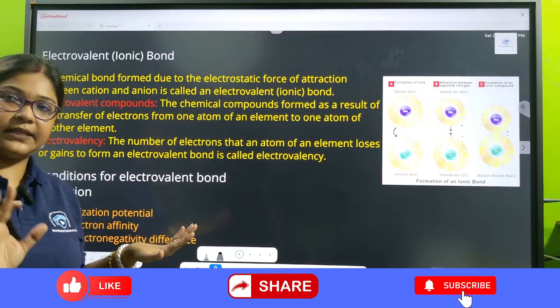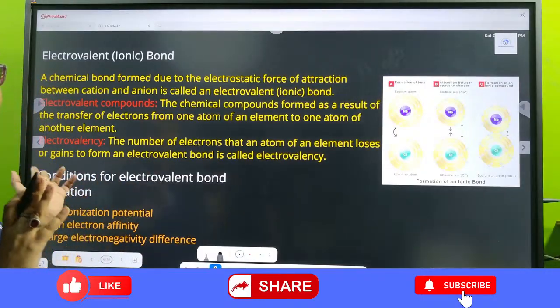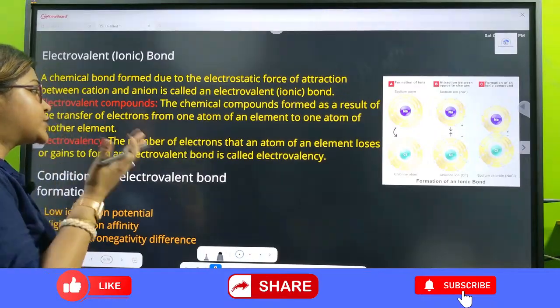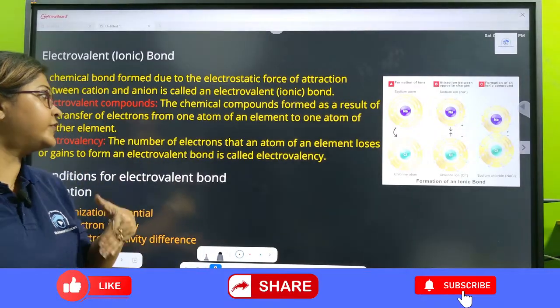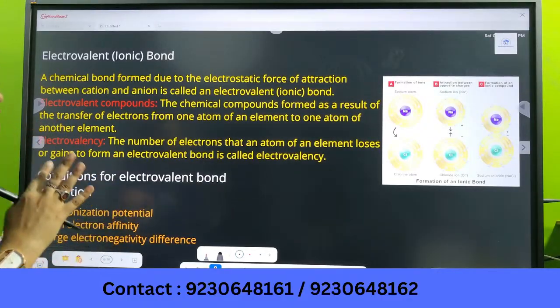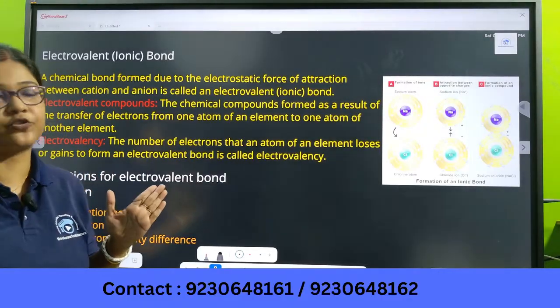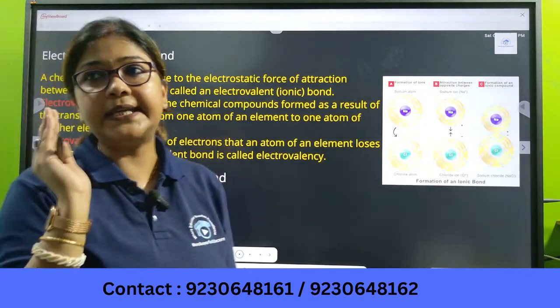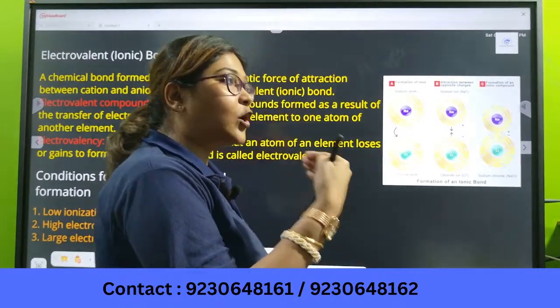And what is electrovalency? Electrovalency is the number of electrons that an atom of an element loses or gains to generate the electrovalent bond.